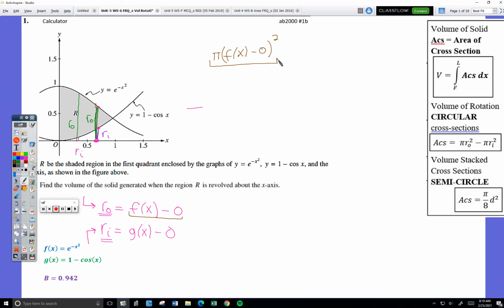Now all we do is we must subtract away the cutout. So that's going to be pi times g of x, subtract 0, squared. This now becomes the area of one slice at whatever x you specify.